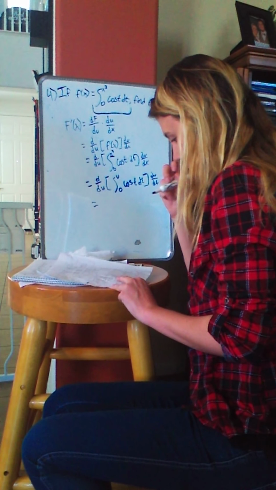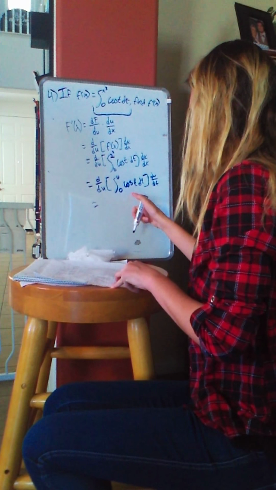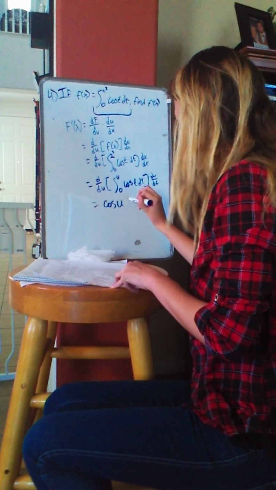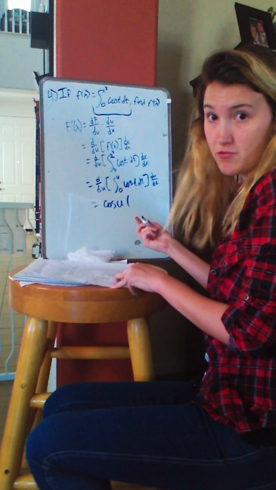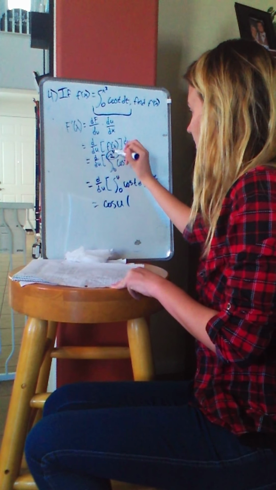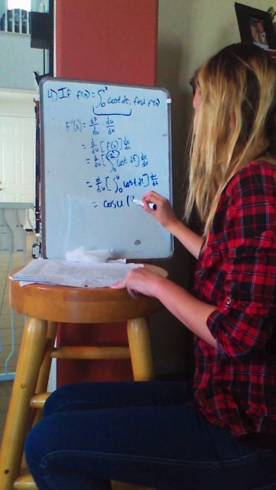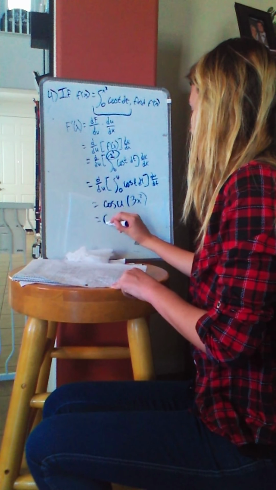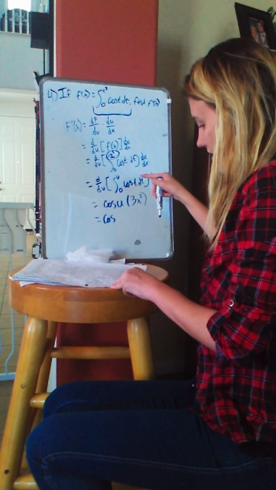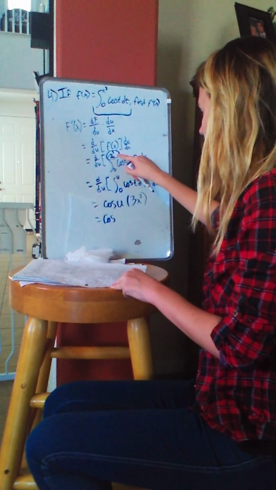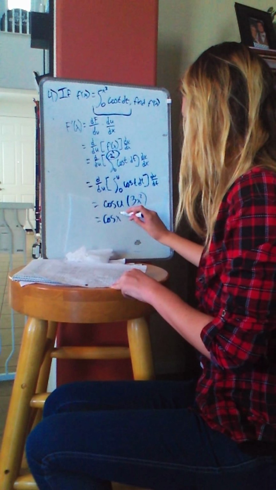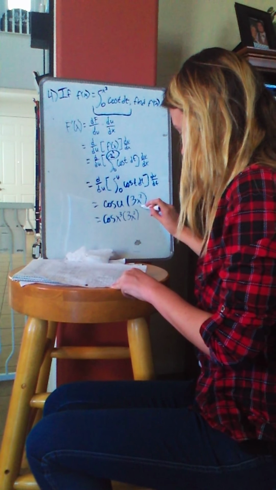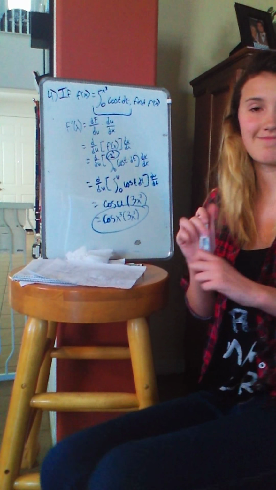Then we're going to go on. We're going to have cosine u here, and we're going to times it by the derivative of the x cubed here. So it'll be 3x squared. And then for the u, you're going to sub back in what we said originally, which would be the x cubed. So cosine of x cubed times 3x squared. And that is the answer.